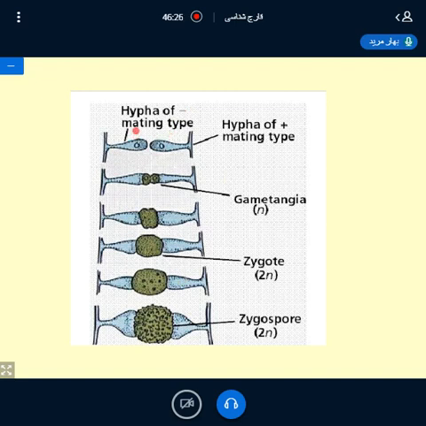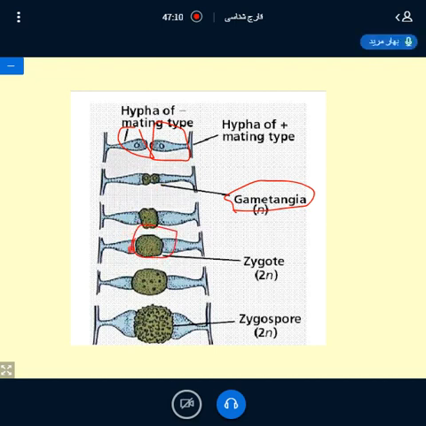Hypha of mating type, male and female. This hypha of mating type produces gametangia. The gametangia are compatible. Two gametangia fuse and produce a zygote.